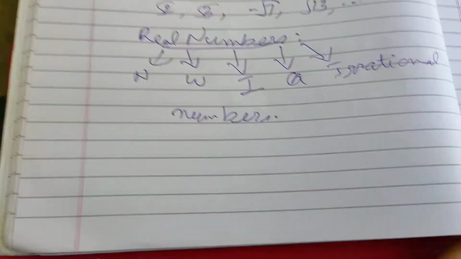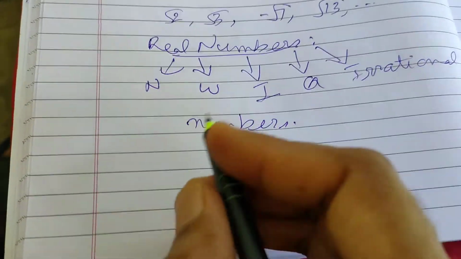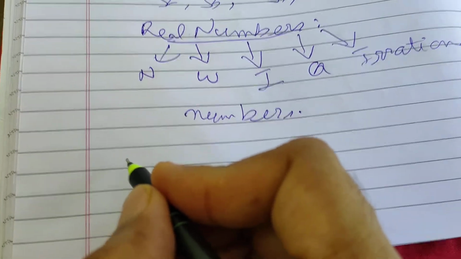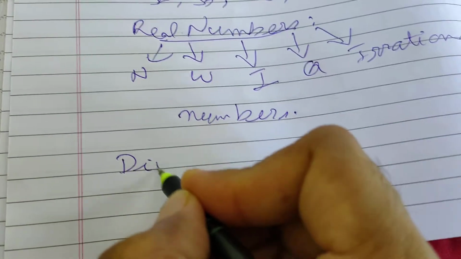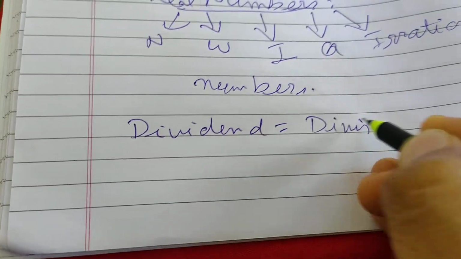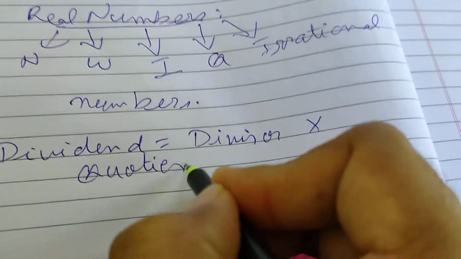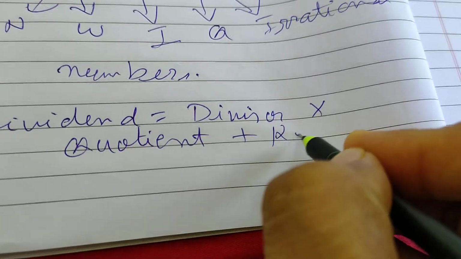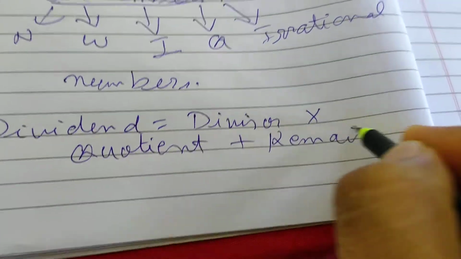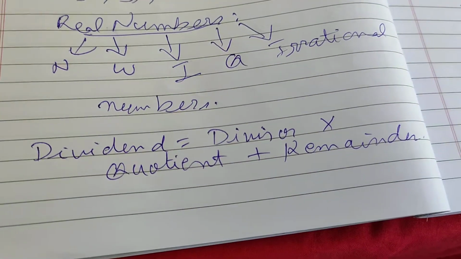Now, before we start our concept from class 10th, we'll again recall a concept from class 9. What was that? Dividend is equal to divisor into quotient plus remainder.